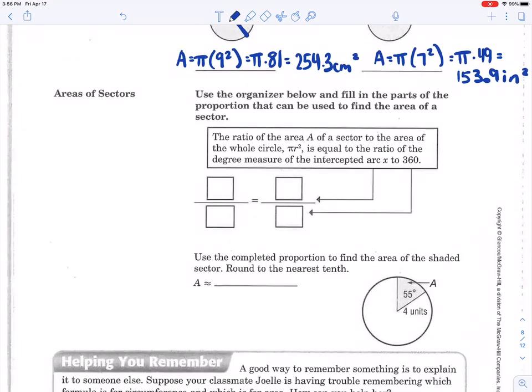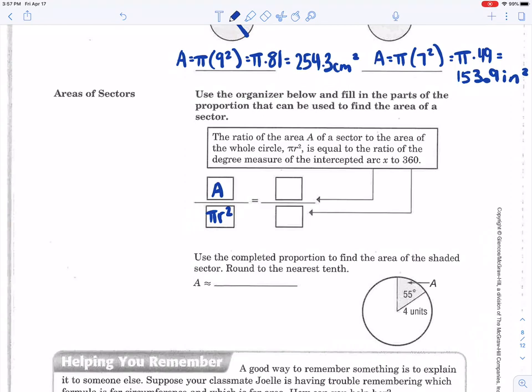Use the organizer below and fill in the parts of the proportion that can be used to find the area of a sector. Okay, so we know that a sector is a slice of pizza. It's a part of a circle. So if I were to solve for this, I could say area of the whole circle is pi r squared.